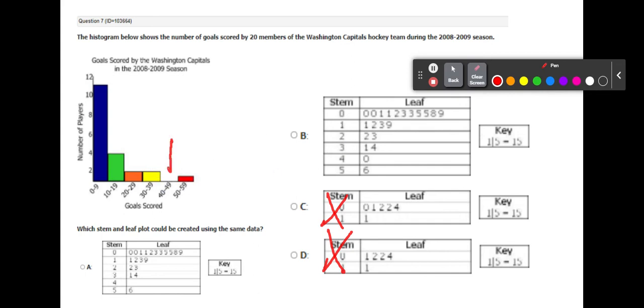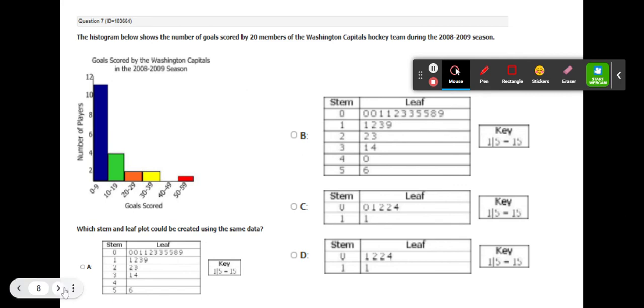But I also noticed this gap right here. So nobody scored between 40 and 49 goals. So there shouldn't be any data there. This one means that somebody scored 40 goals. There would be a 1 here. Like we would have a bar of a 1 there. But nobody did. So this right here shows that nobody is in that 40 range. So this one is actually A.